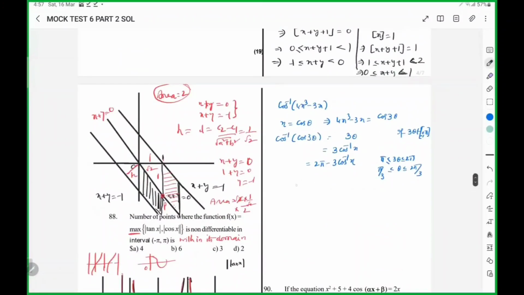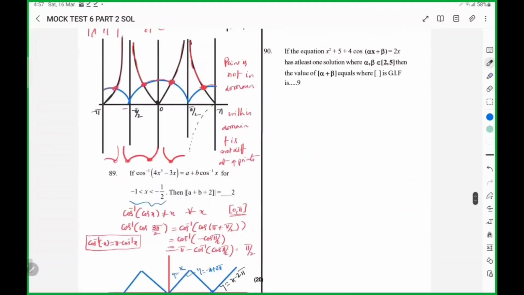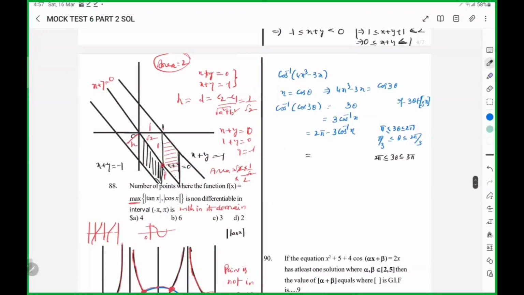That is, when 3 theta lies between 2 pi and 3 pi, it will be x minus 2 pi, where x here is 3 theta. So it is 3 cos inverse x minus 2 pi, when theta lies between 2 pi by 3 and pi, which implies cos theta lies between minus 1 to minus half.